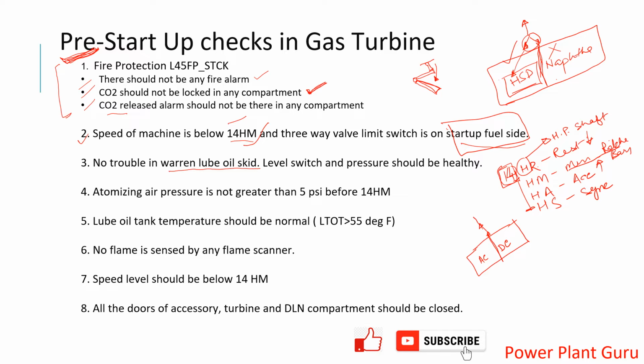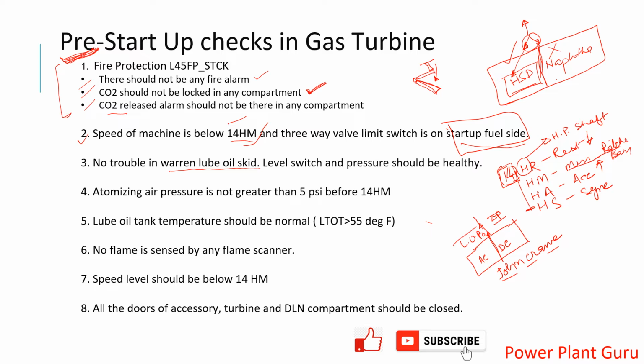So first we are discussing here the variant pump lube oil skid. Maybe people know this system by John Crane. John Crane is the manufacturer of this skid in some of the machines. So in the John Crane system, there should not be a low pressure alarm or high filter delta P alarm or pressure switch.